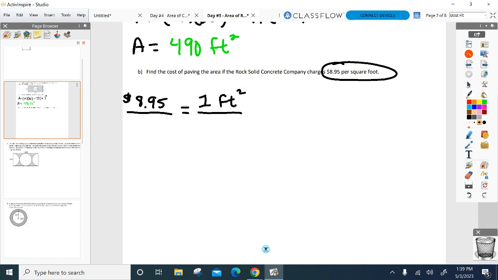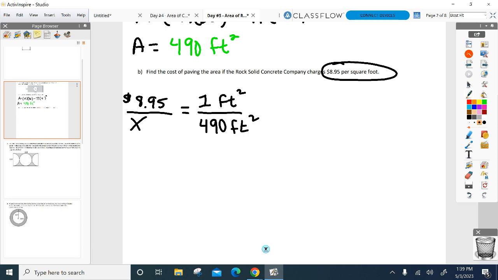I start my proportion off that way. Whatever they give me, that's the fact. Underneath, I keep the same units together. Dollars or square feet? Square feet. So it goes with the square feet. And I'm trying to figure out how much money do I owe you.